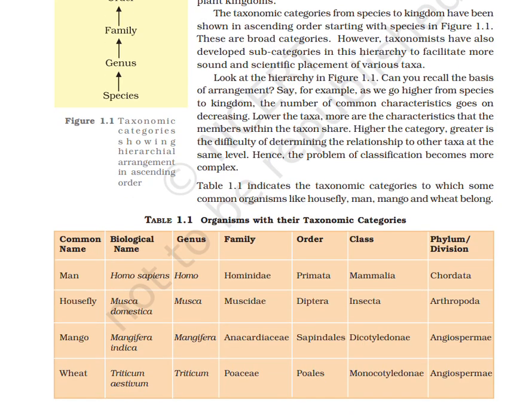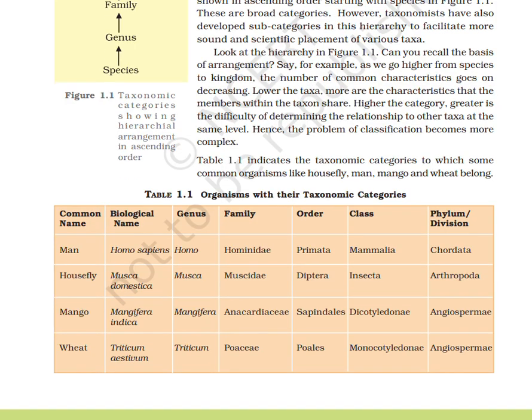Table 1.1 indicates the taxonomic categories to which some common organisms like housefly, man, mango, and wheat belong. Organisms with their taxonomic categories. Common name man, biological name Homo sapiens, genus Homo, family Hominidae, order Primata, class Mammalia, phylum Chordata. Housefly is the common name, biological name Musca domestica, genus Musca, family Muscidae, order Diptera, class Insecta, phylum Arthropoda.